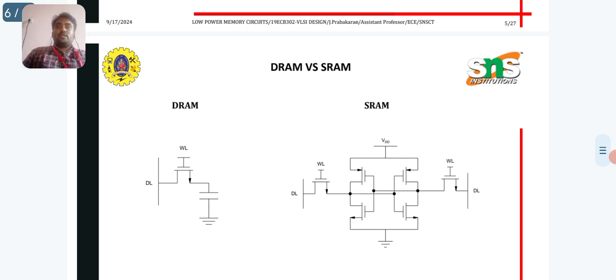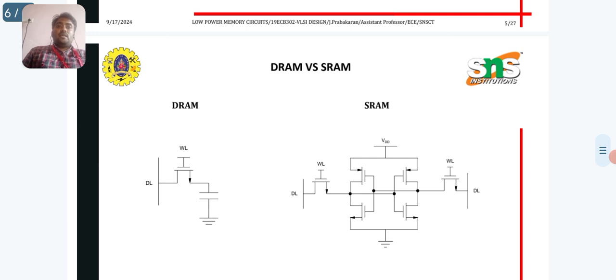Next one is static RAM and dynamic RAM. The basic SRAM cell consists of six transistors arranged in a flip-flop configuration. It requires word line and bit line control for read and write operations. The array configuration for the SRAM is organized into rows and columns, with the number of rows and columns depending on the total capacity.